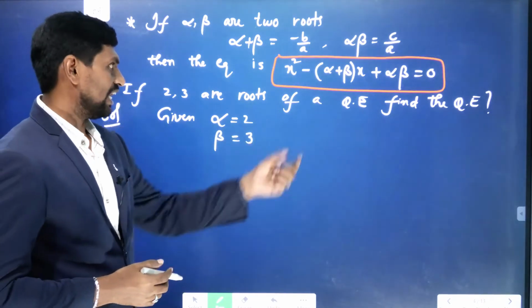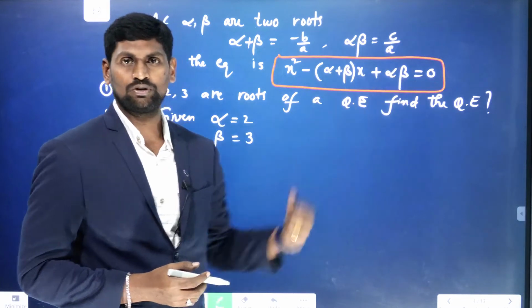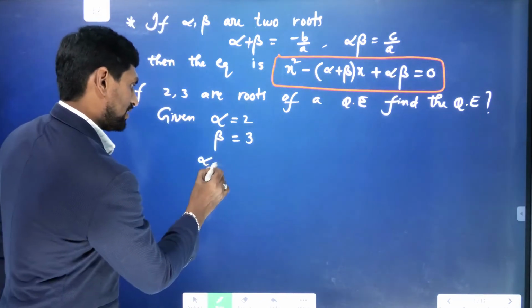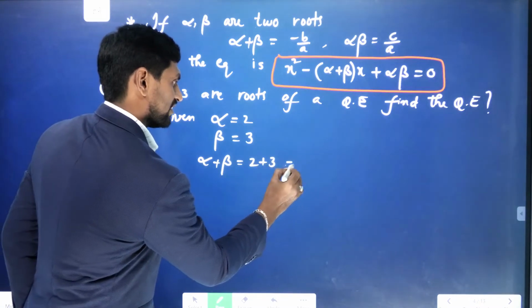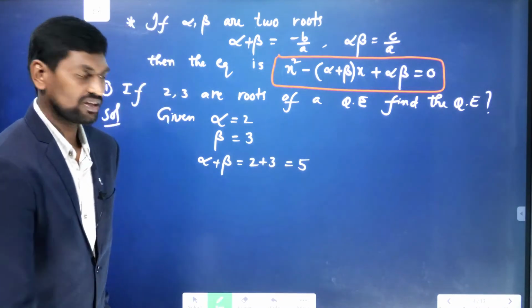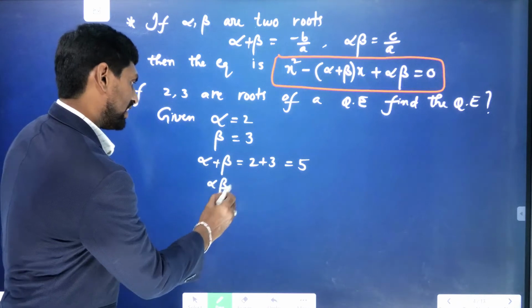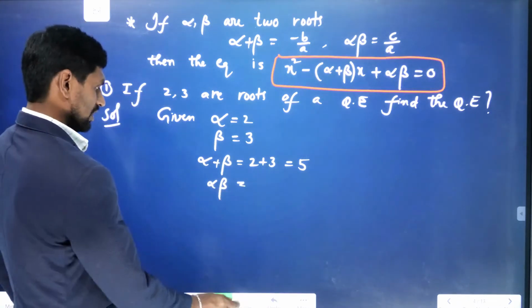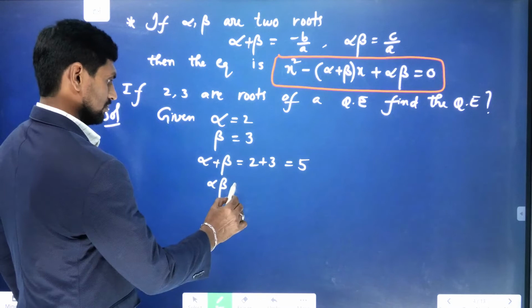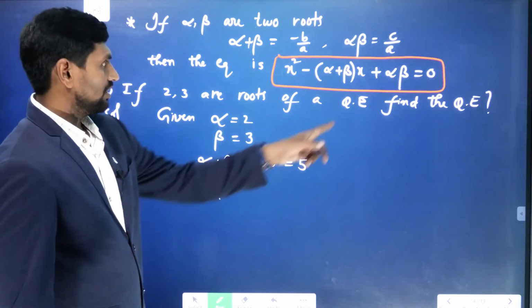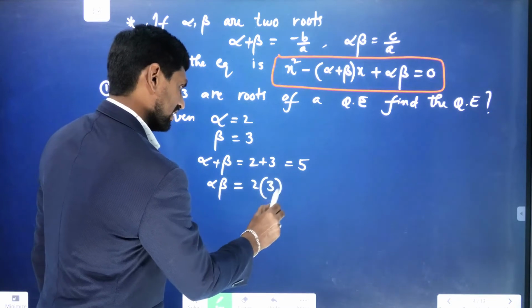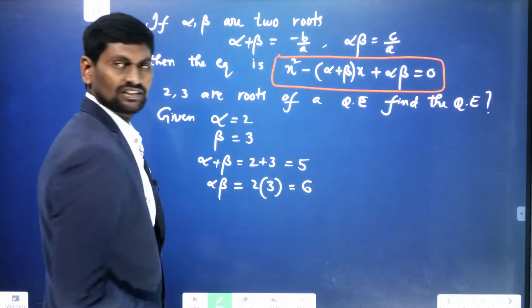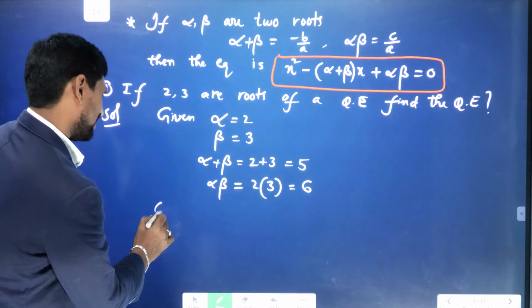Now alpha plus beta equals 2 plus 3, that is equal to 5. Alpha into beta equals 2 into 3, that is 6.